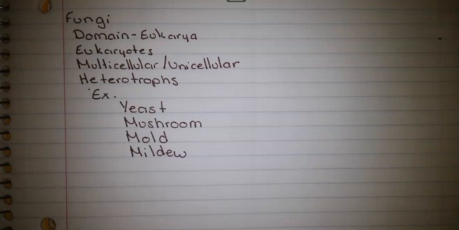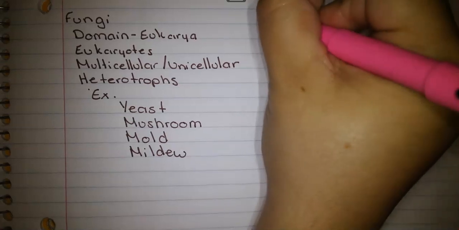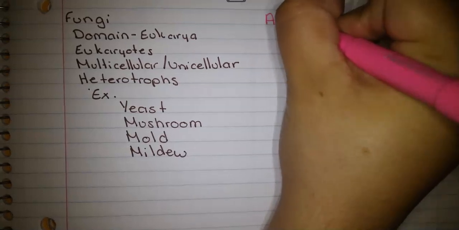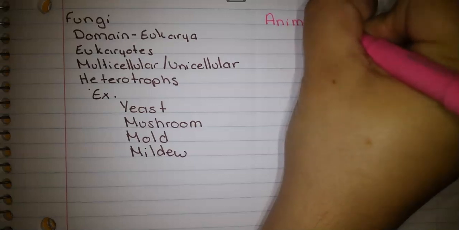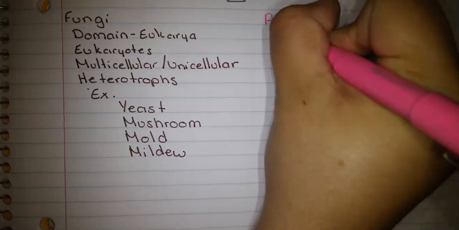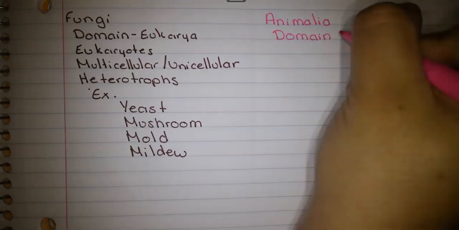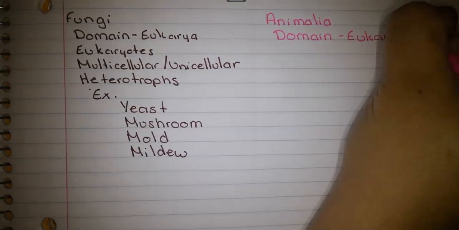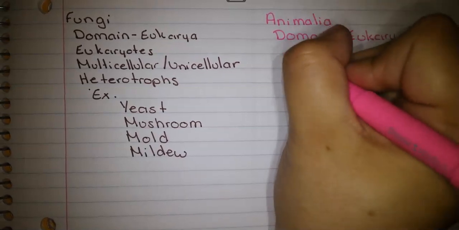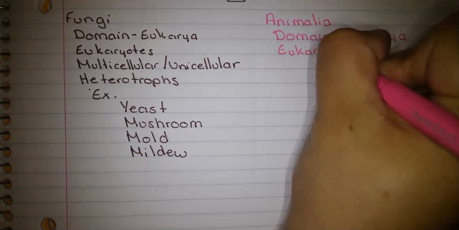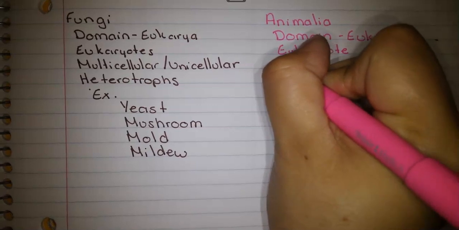Now, our last kingdom, and that's the kingdom we belong to, and that is the kingdom Animalia. Okay, kingdom Animalia. Again, domain is Eukarya. They are eukaryotes, or we are eukaryotes. We are multicellular.